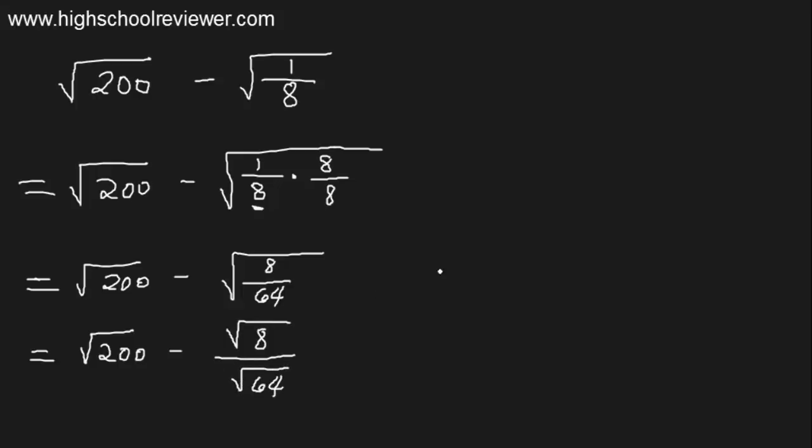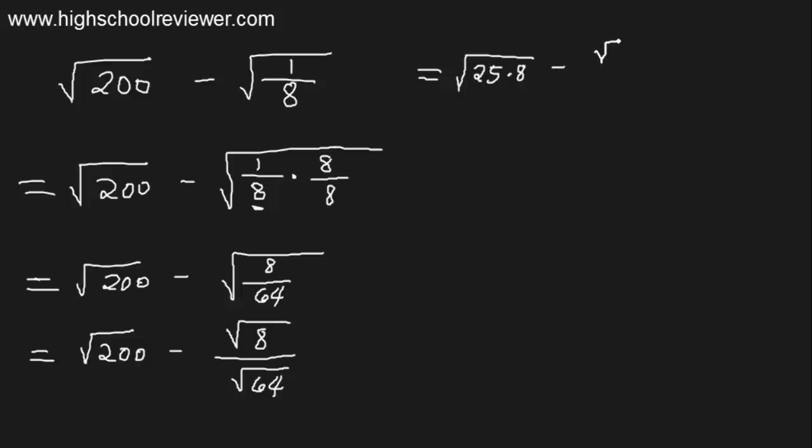Okay, so we can factor out 200 wherein one of the factors is 8. So 200 divided by 8 will give us 25 times 8. So this will be the square root of 25 times 8 minus square root of 8.